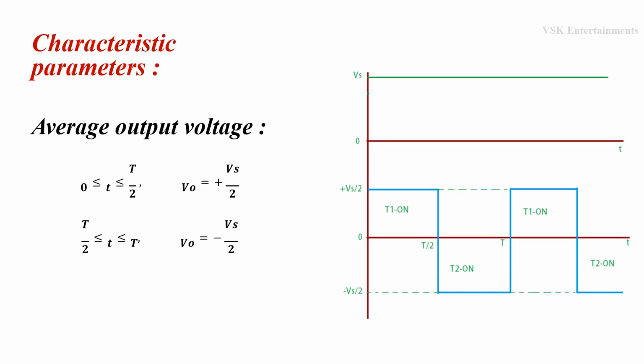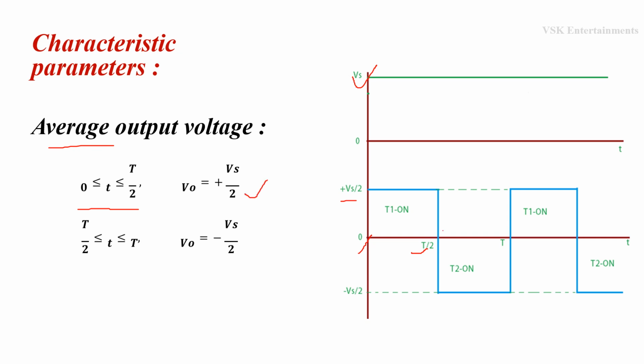Coming to characteristic parameters, by using the waveform itself we find the average output voltage. If we consider the time period from 0 to T by 2, we get the voltage as plus Vs by 2, that is, 0 less than or equal to t less than or equal to T by 2 gives output voltage plus Vs by 2.